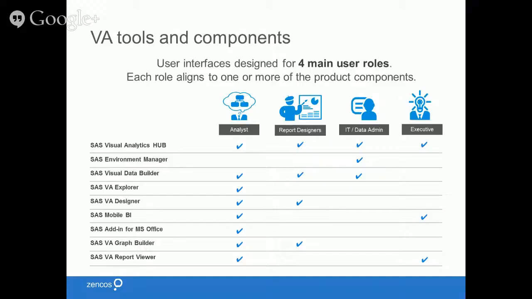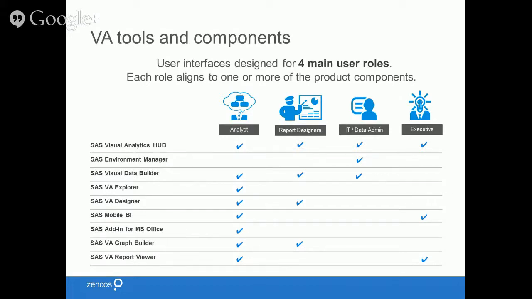So can you share or talk to us a little bit about the tool set and how they work together? Absolutely. There are a lot of components to visual analytics, but the components are to facilitate various activities and various roles that you may have within your organization.